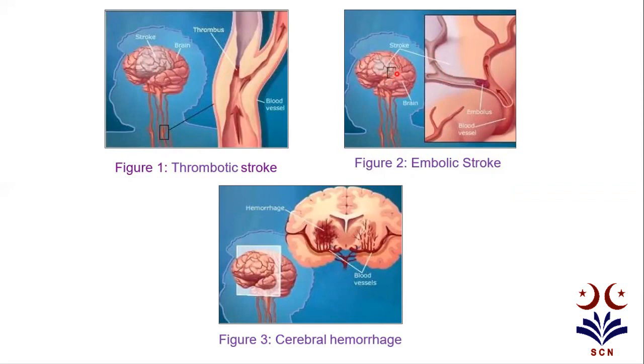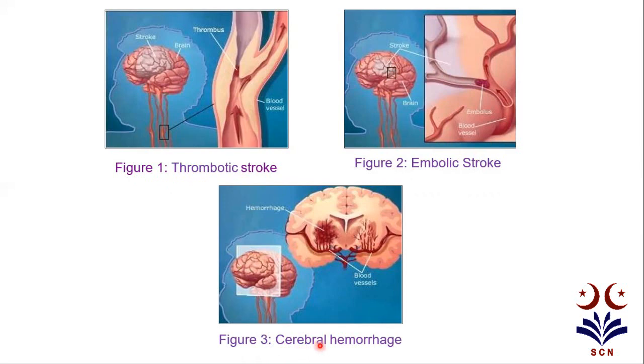For example, this area of the brain in this quadrangle is compromised, gets no oxygen, undergoes necrosis, and symptoms are produced due to involvement of that particular area. These are the two types of ischemic strokes, thrombotic and embolic.